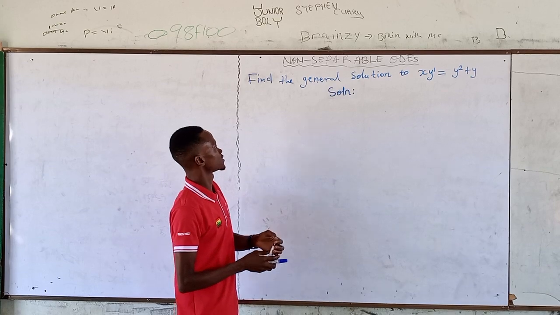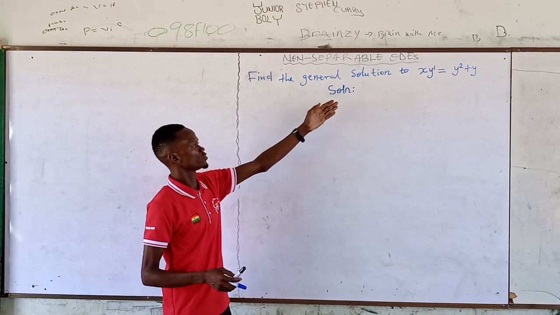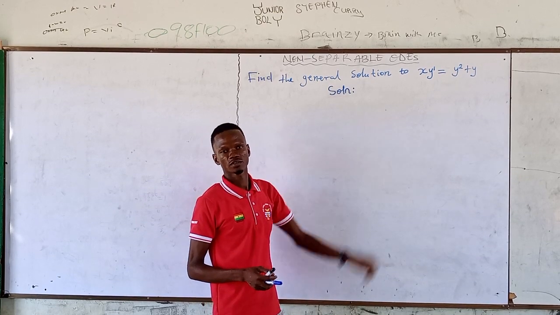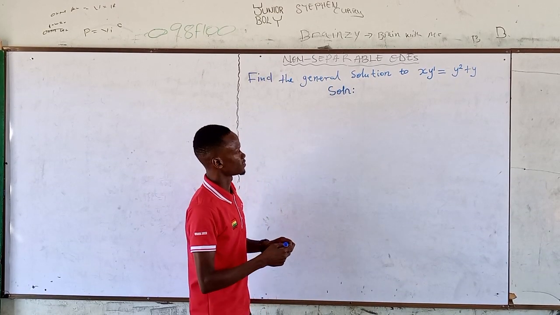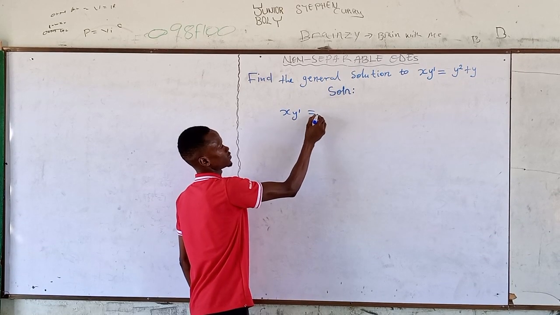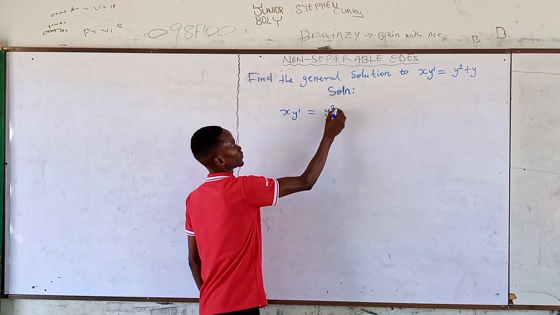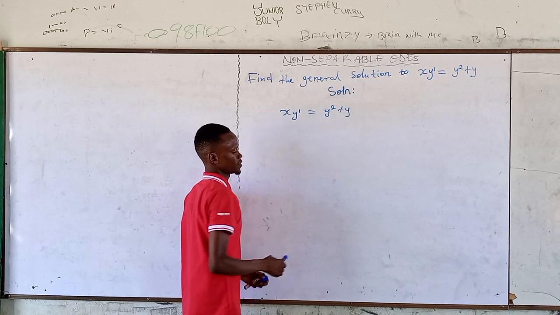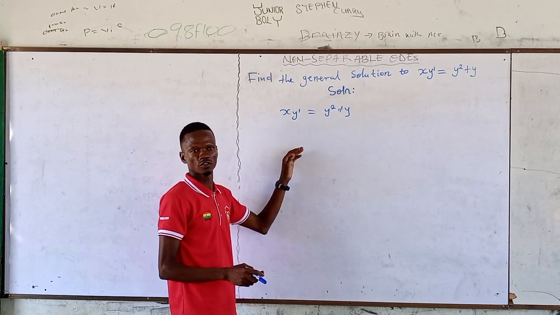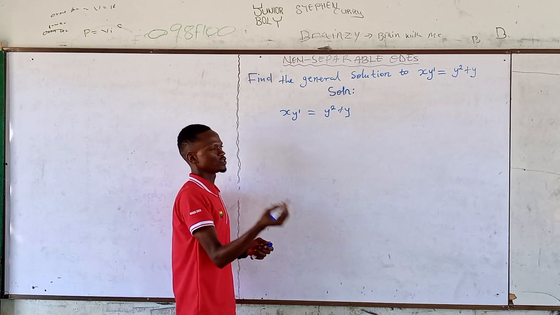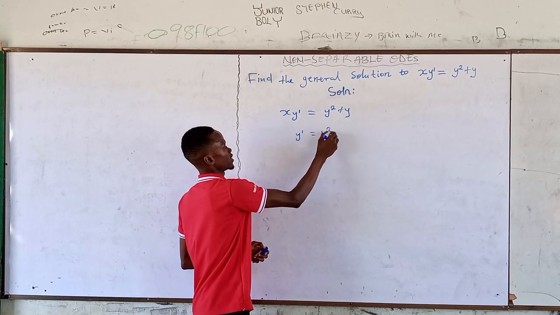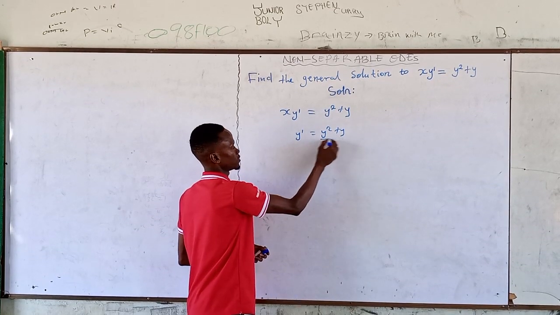So the question says: find the general solution to x y prime equal to y squared plus y. So we have x y prime equal to y squared plus y. Kindly note that in some versions, the question could be stated as y prime is equal to y squared plus y all over x.